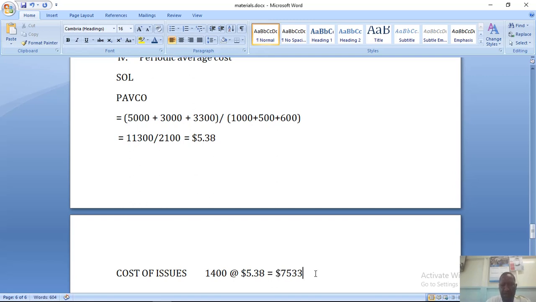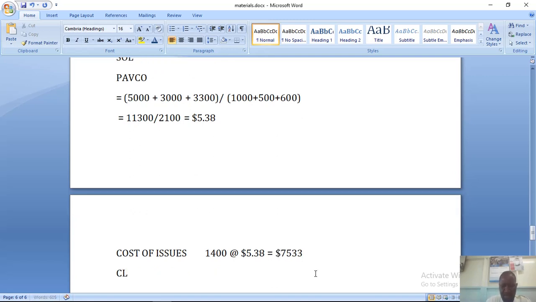What's the cost of closing inventory? How many units will be remaining after issuing 1,400? There were a total of 2,100 units. You issue 1,400 units, you should be remaining with about 700 units, and these units are valued at the same average cost, 5.38.